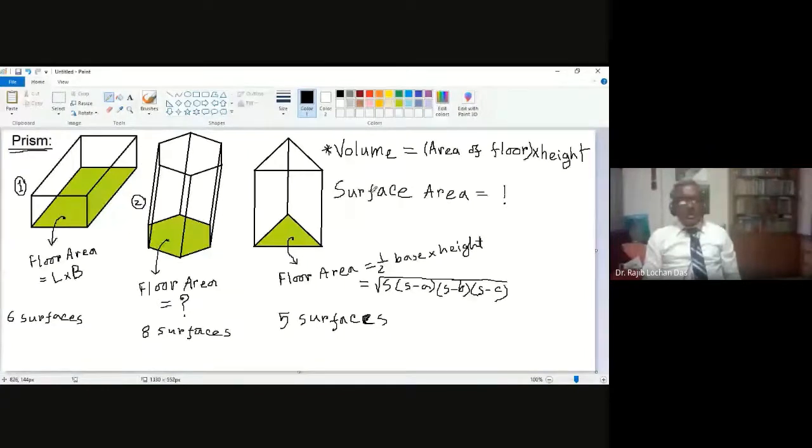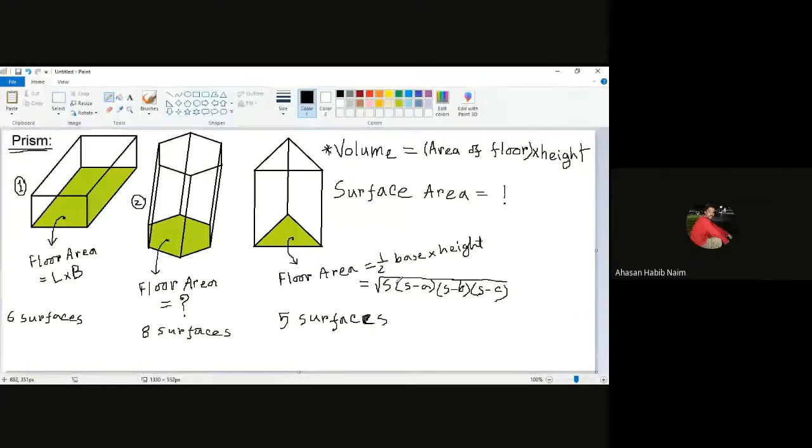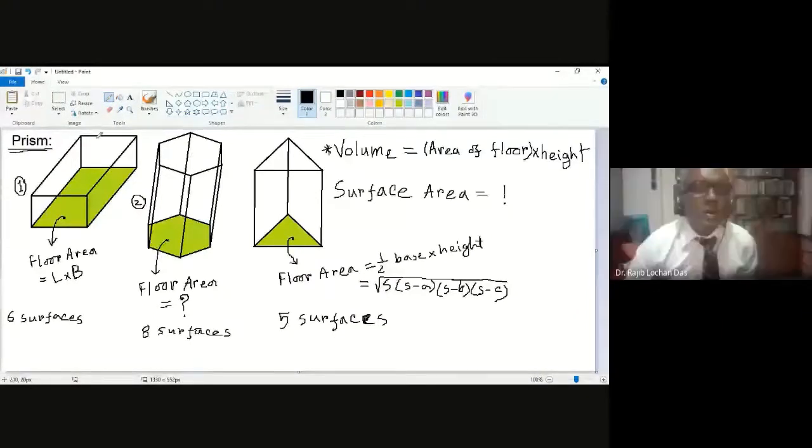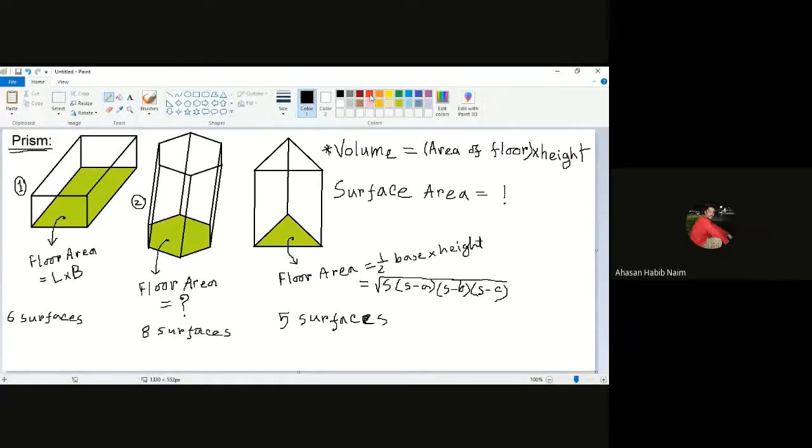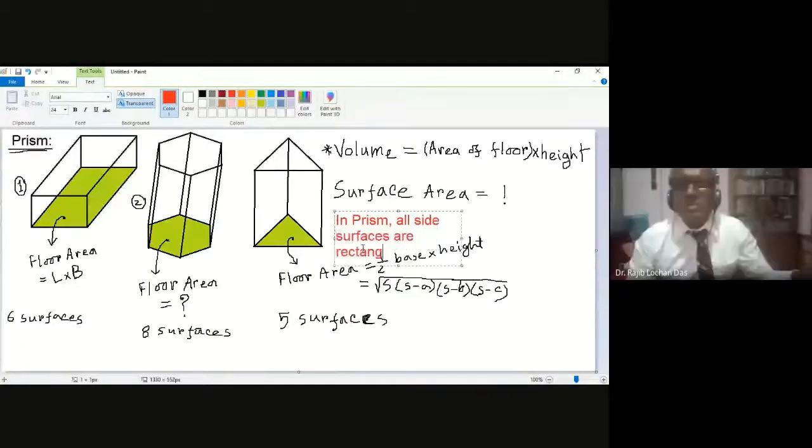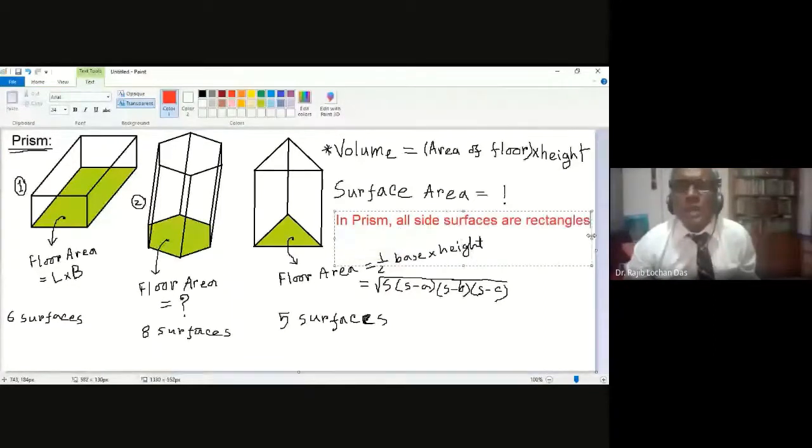Do you know the side surface for everyone? Yes, you know. How do you know? Because in a prism, side surfaces are rectangles. All side surfaces are rectangles. How many rectangles you will have depends on the prism.